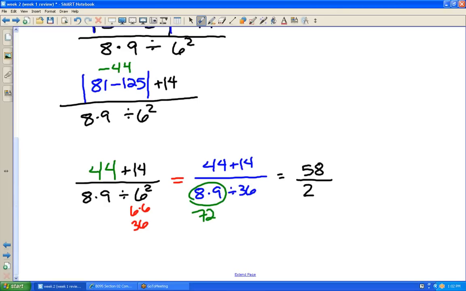I am not going to make that an improper fraction, but I do know that 2 actually does go into 58. So 58 divided by 2 is 29. Now, if the bottom didn't go into the top, I would just leave it as an improper fraction, but in this case, this is 29.